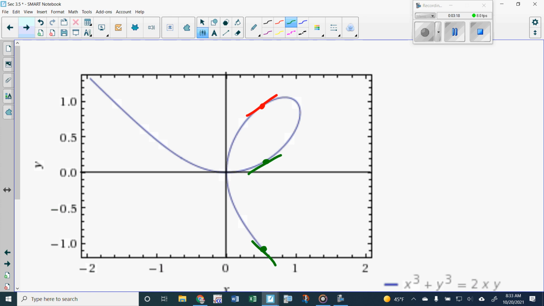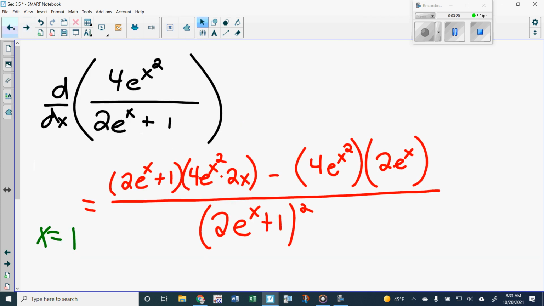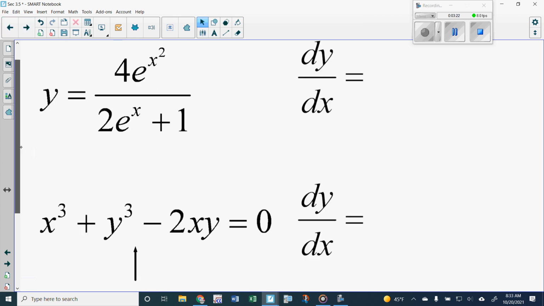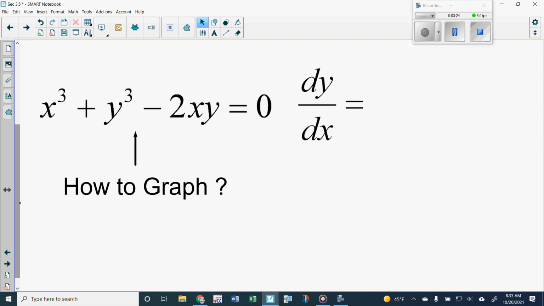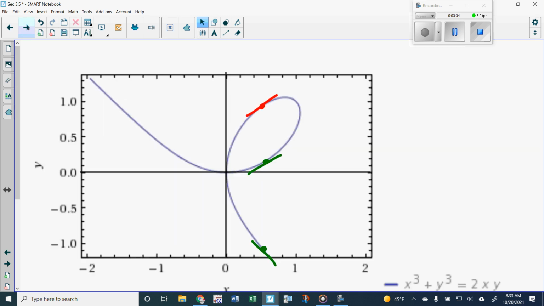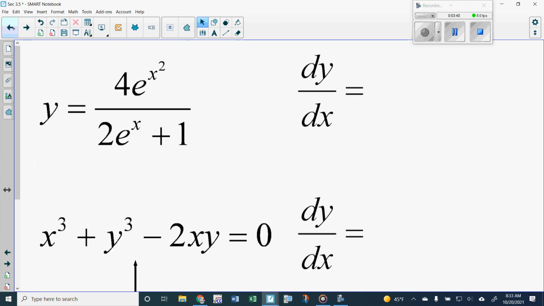So when we find our dy dx for these types of things, our answer is going to have x's and y's in it, because what we're finding the derivative of are things that are not functions. Now, before we do a hard one like that, let's start off with some easy ones.